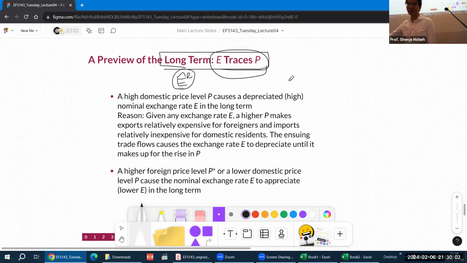That has to happen, because in the long term, there's going to be more dollars chasing the same amount of goods than before. So yes, there must be price movement as a result, but E, just like any other asset, must also follow the same trend.